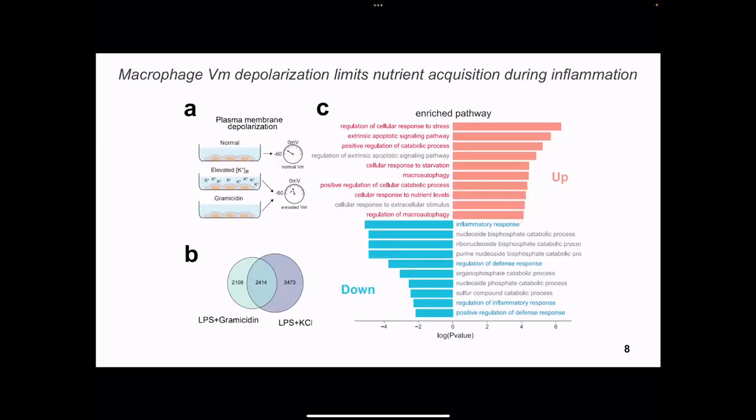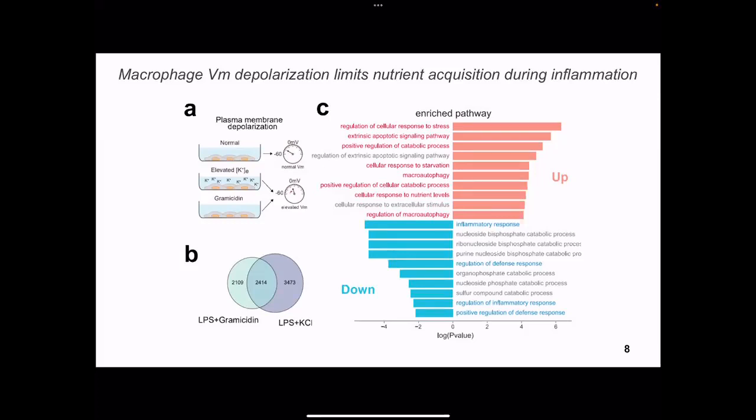And remarkably, when we analyzed the shared differentially expressed genes between the two treatments, the common downregulated genes were particularly enriched in the inflammatory response and the defense response, indicating an anti-inflammatory effect of the membrane potential depolarization in activated macrophages.